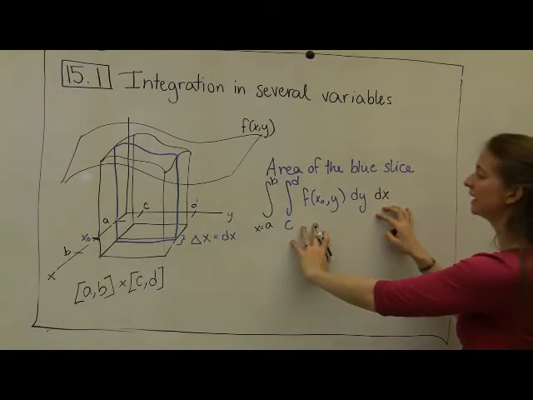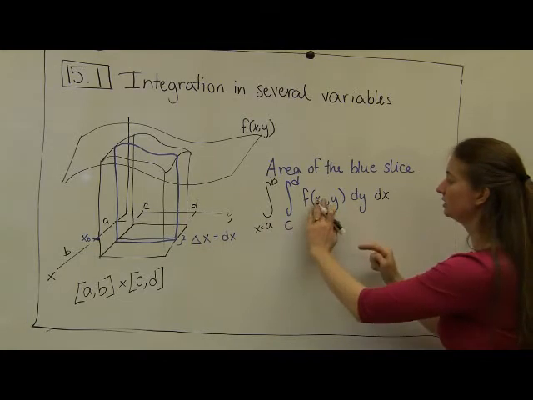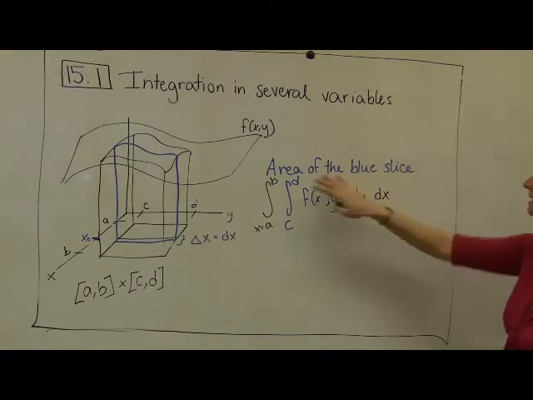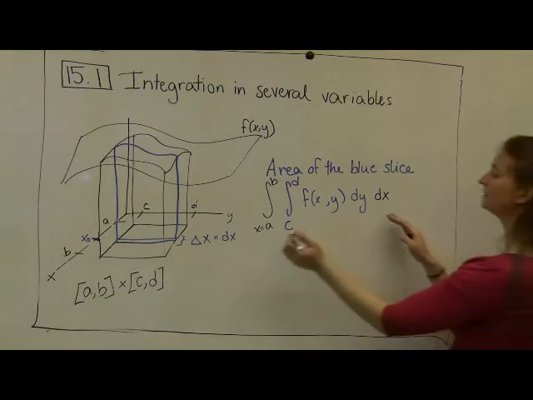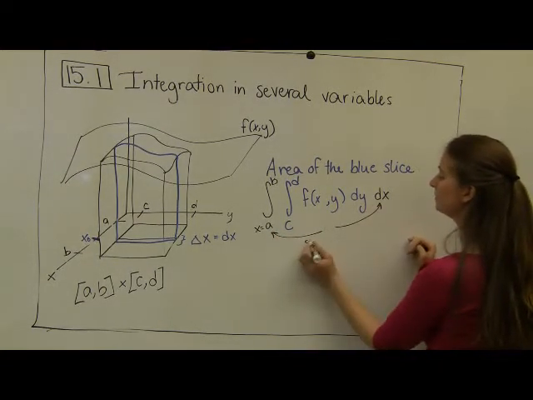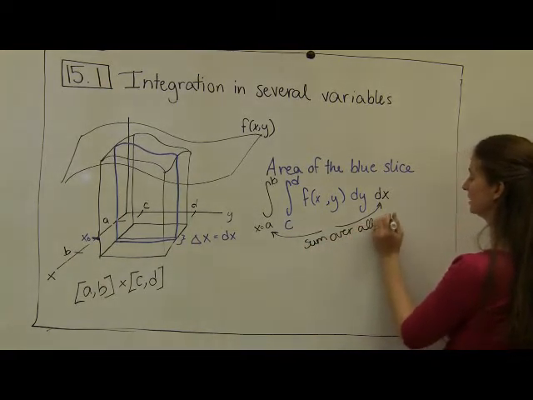So notice this is exactly the formula that we had before. Now, because our x values are changing, I no longer have that constant x value. And this is the area of the blue slice, but then the black parts say that I'm going to sum over all slices.